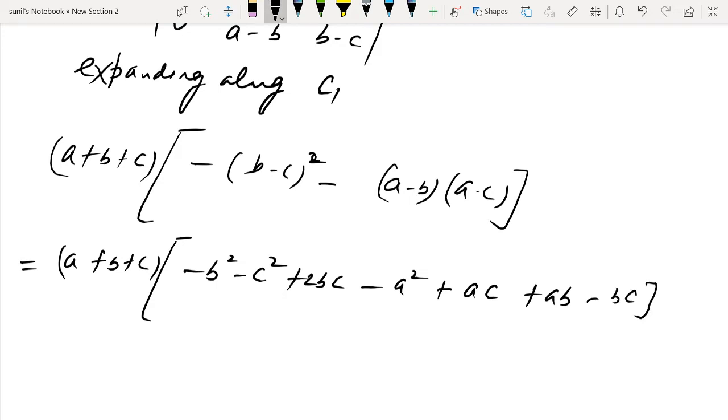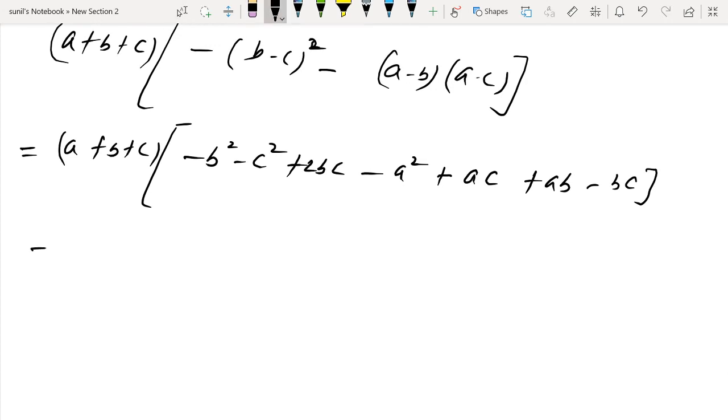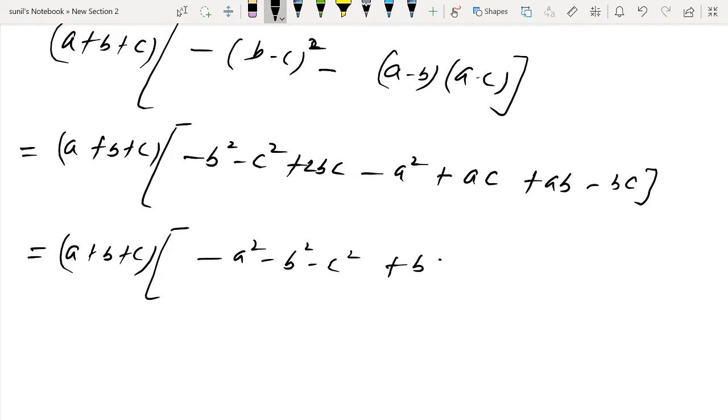So we will be having A plus B plus C and minus A square minus B square minus C square plus BC plus AC plus AB.